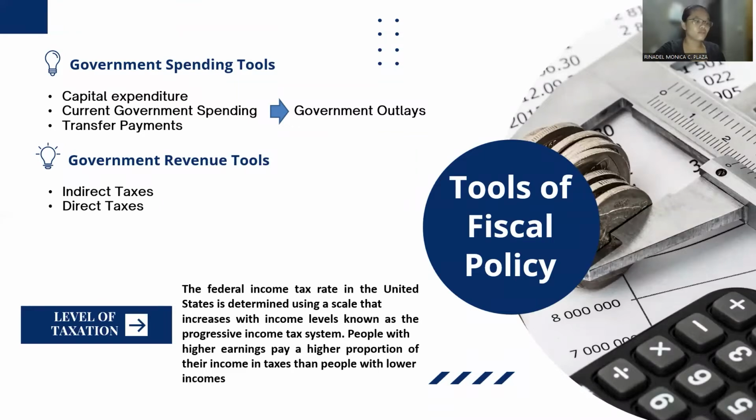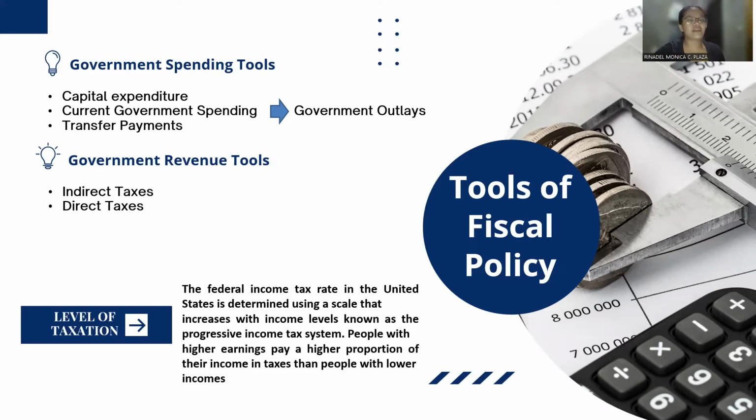Spending tools refer to the entire government spending, while revenue tools are the taxes collected by the government. The spending tools include capital expenditure, current government spending, and transfer payments.